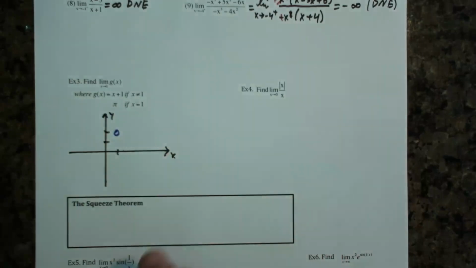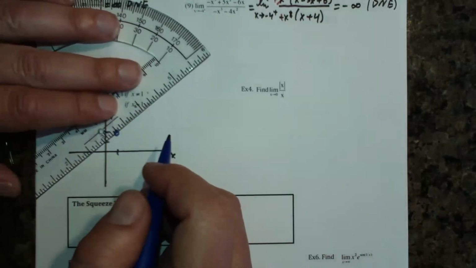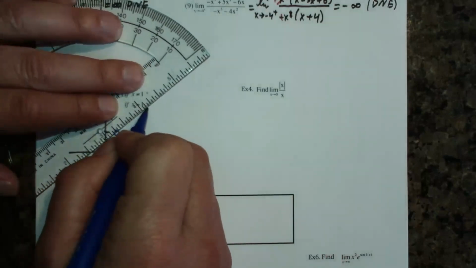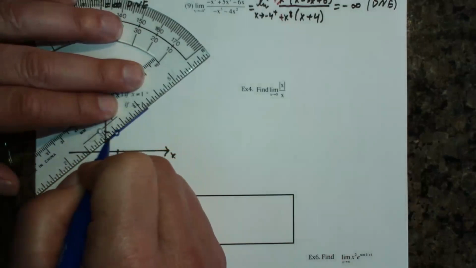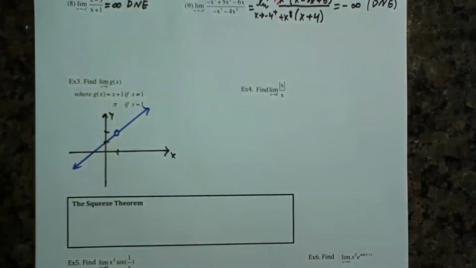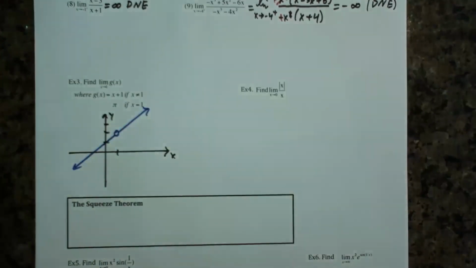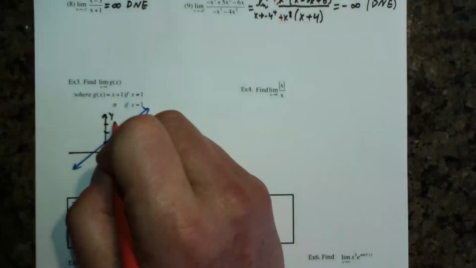Otherwise, we're going to have a straight line with a slope of 1. And when x equals 1, we are going to exactly be, so that's 3 there, which means we're going to be up here at pi.